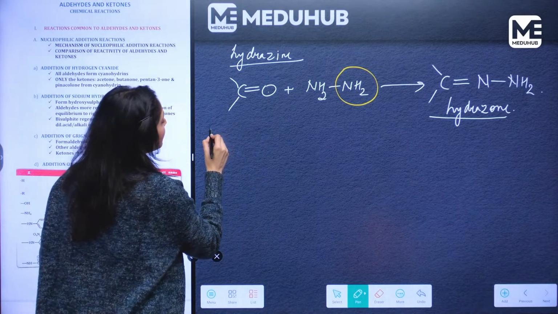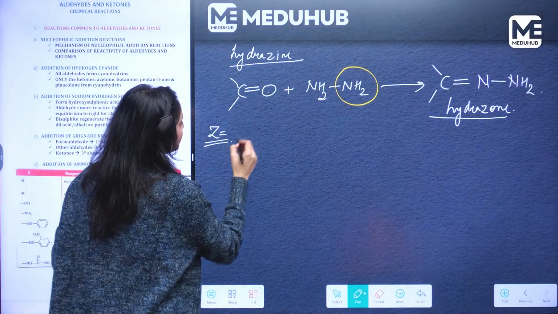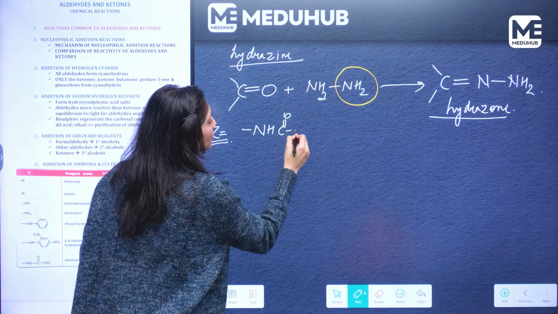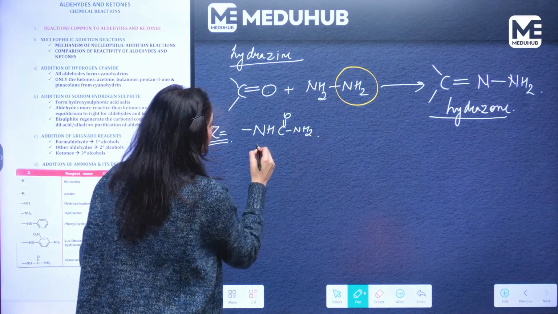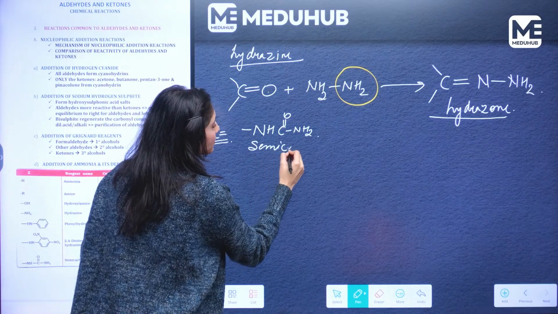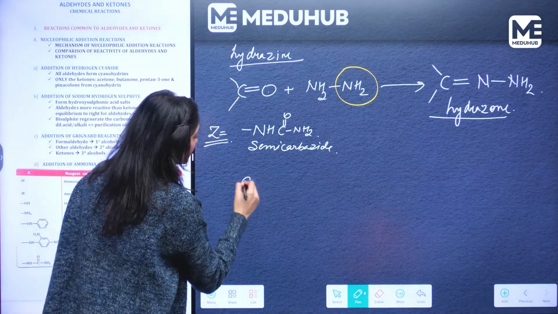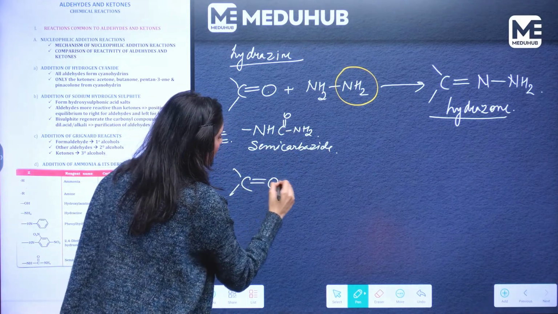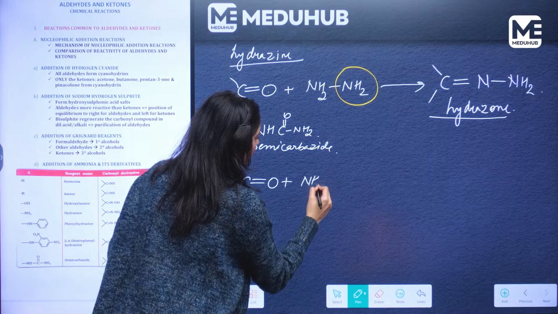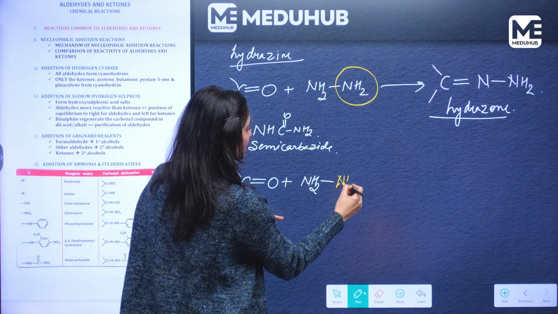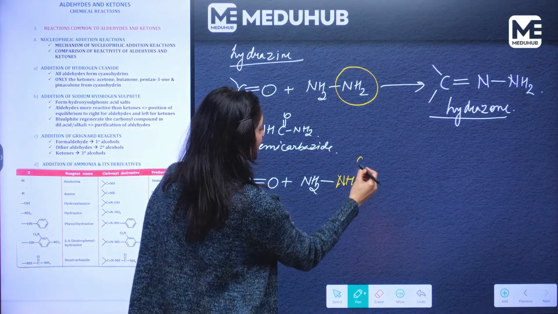Next is if the Z is NHCONH2. This is semicarbazide. So if a carbonyl compound reacts with a semicarbazide, I'll write it with a different color for you to understand which hydrogen is which, which nitrogen is which.